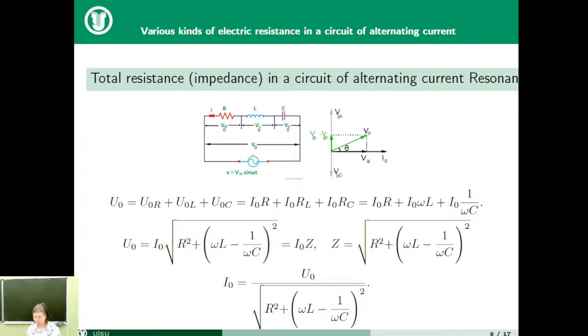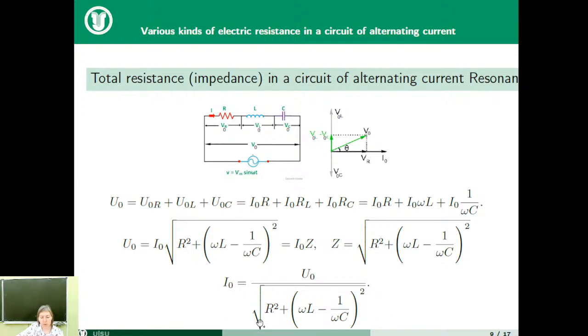And this is the active resistance, and this is the reactive resistance. The law of Ohm for the given circuit will be written down in this form.